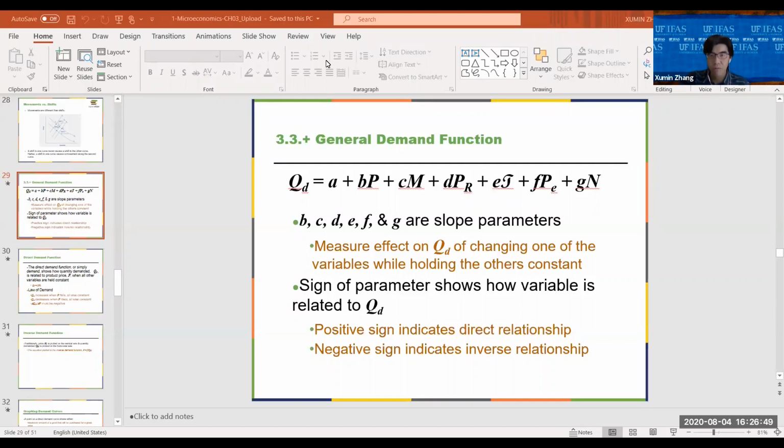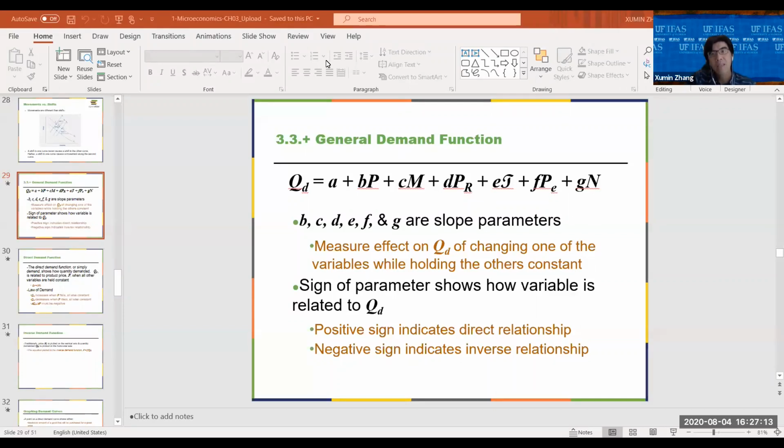And I also briefly introduced the function. But I want to emphasize that those functions are very important, especially in economics. I mean, in the mathematical way that we put things together.